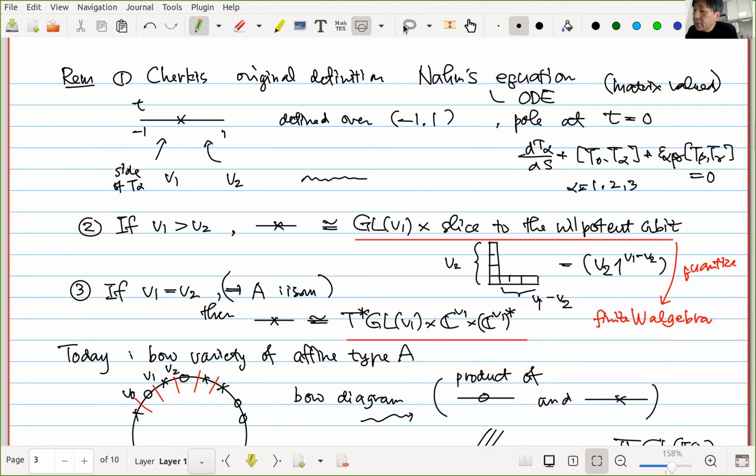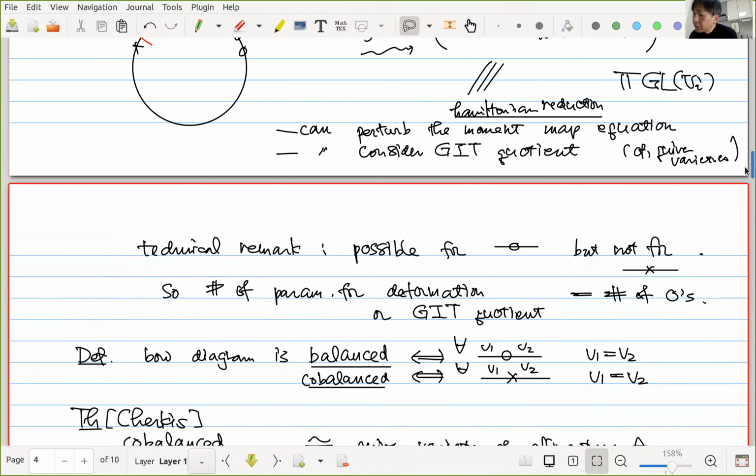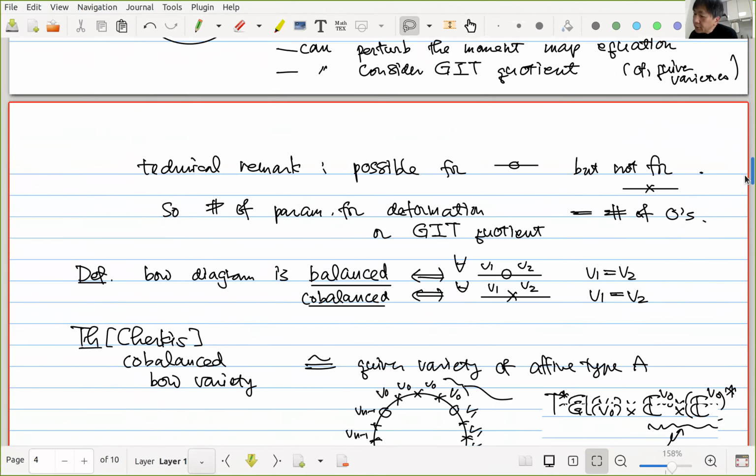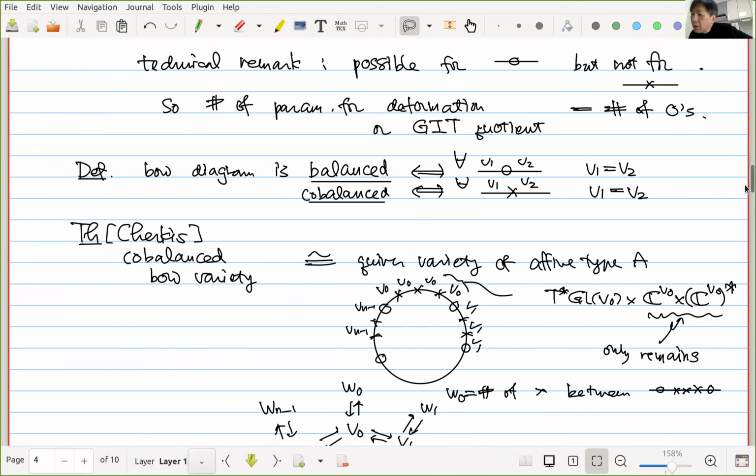So you can just study, starting from these building blocks, the product and take the quantum Hamiltonian reduction. So you have the quantization of Bow varieties. And if the variety is a Coulomb branch, it has its own quantization called the quantized Coulomb branch.